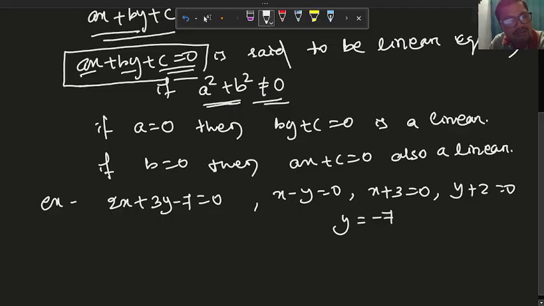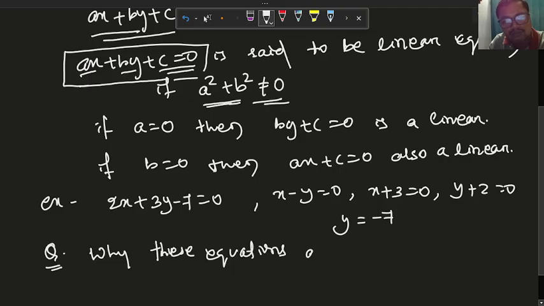Okay, then the question is: why are these equations called linear?